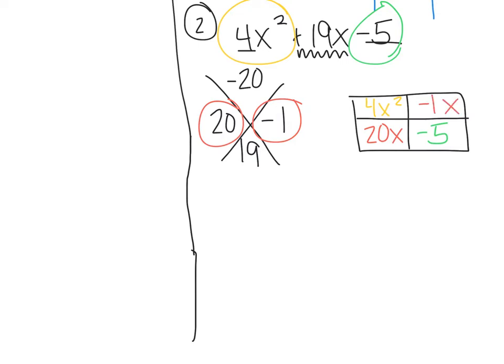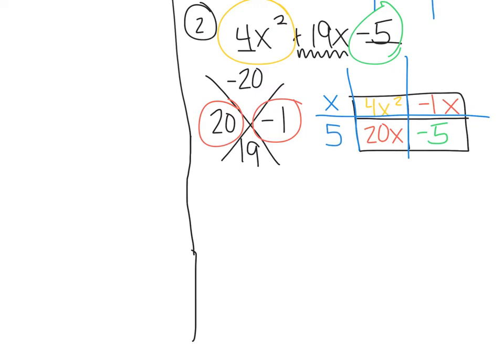All right, now we're going to find our GCFs. All right, our first row will be 4x squared and negative 1x. That should be just x. 20x and negative 5. The GCF should be 5.